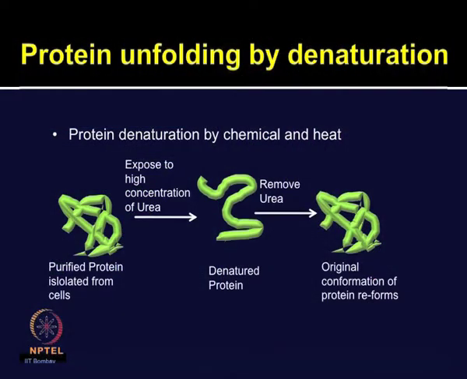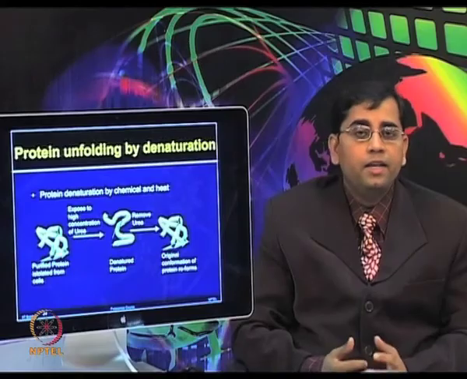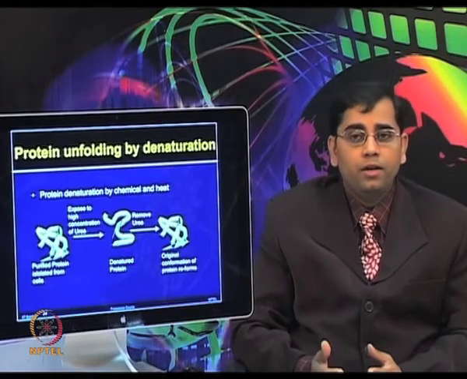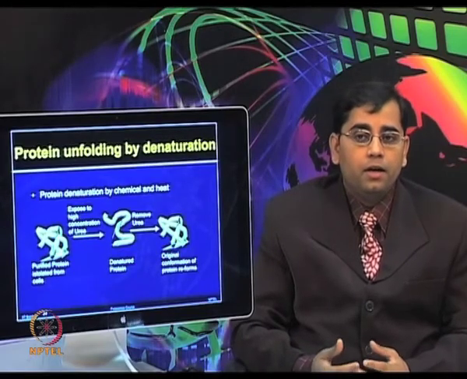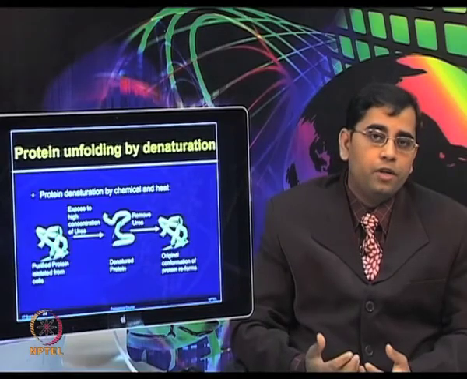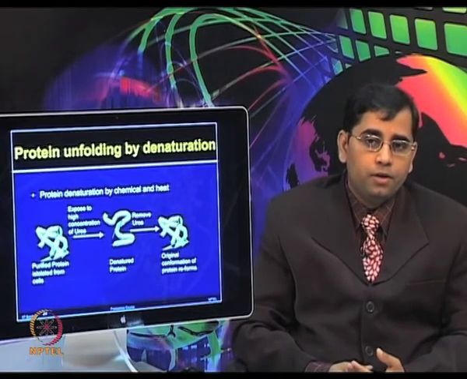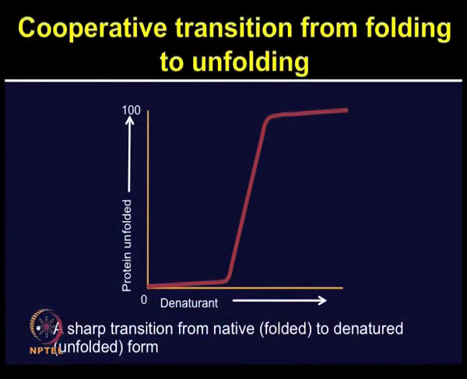As you can see here, if you have a purified protein isolate taken from the cells and you expose it to the high concentration of denaturants, whether it is chemical or heat, that will result into the denatured protein shown in the center. If you remove the denaturing condition, it will again form the proper folding, protein conformation will be restored in its original form.